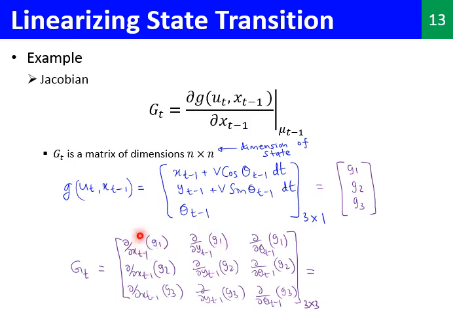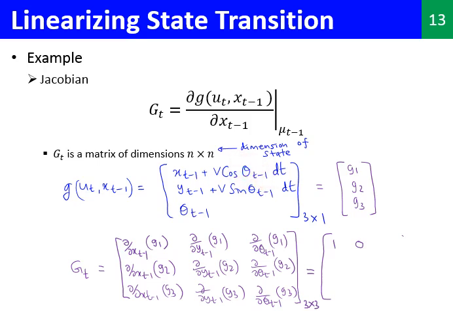If we take the first one, g1, that is this expression, and take the partial derivative of this with respect to xt minus 1, what's the answer? That is 1. Again we take g1 and take the partial derivative with respect to yt minus 1, and there is no y here, so that is going to be 0. And how about the partial derivative of g1 with respect to theta t minus 1? What do we get?